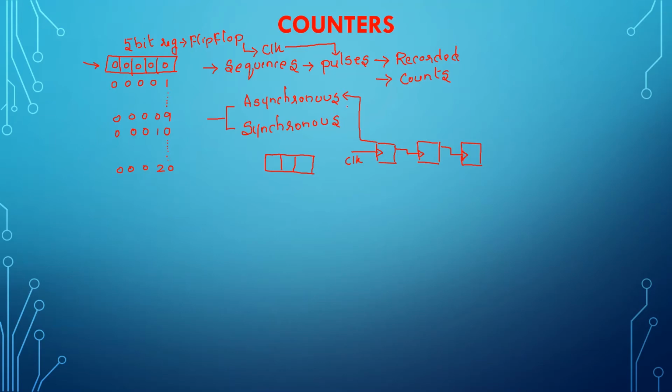Asynchronous counters means the flip-flops which make up a counter will be fed with only one clock input. The output of the consecutive stages will be acting as clock input to the upcoming stages.